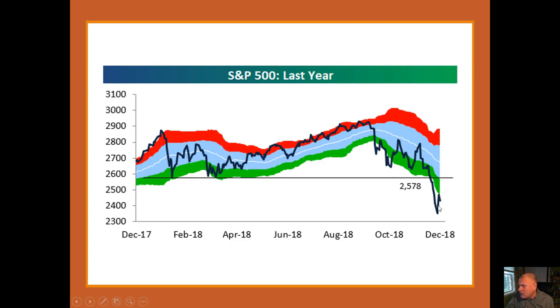So right at this point, the market is well oversold. At this point, it's almost 2 standard deviations away from the 50-day moving average, which is really unusual. You generally are looking for it to stay within 1 standard deviation. But it's got a long way to come back up.